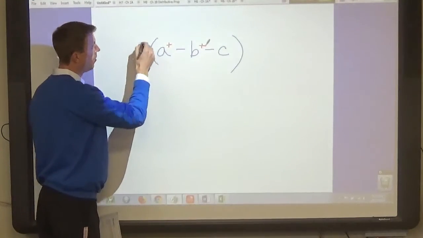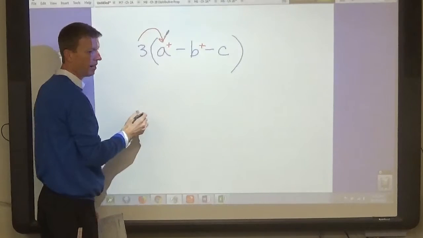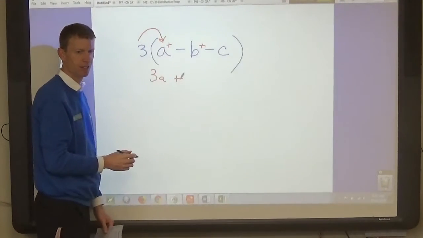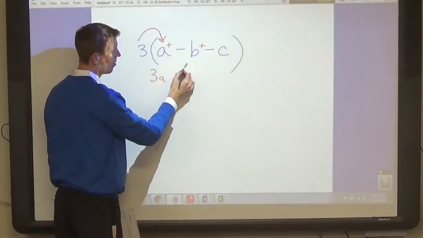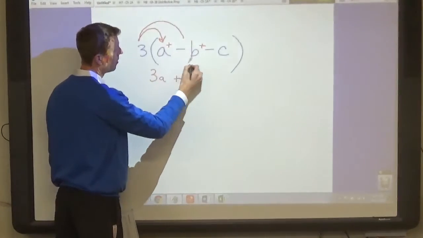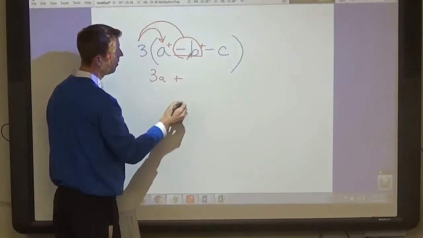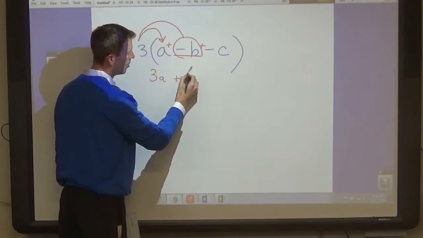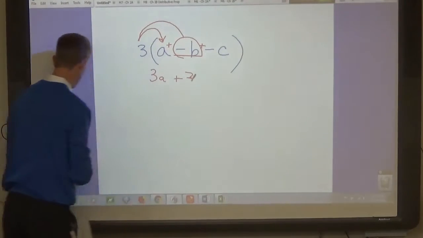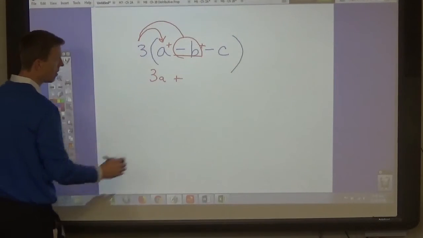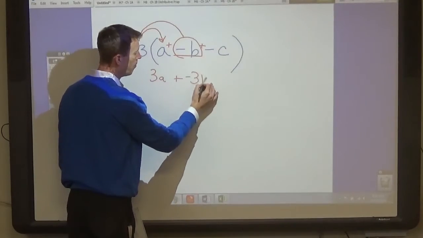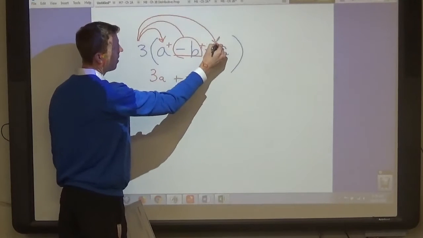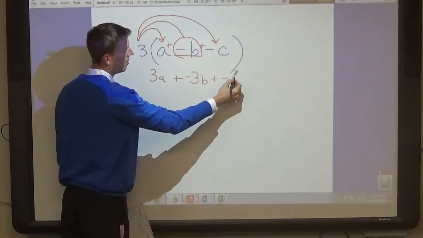Then we multiply 3 times A, plus 3 times negative B, negative 3b, plus 3 times negative C.